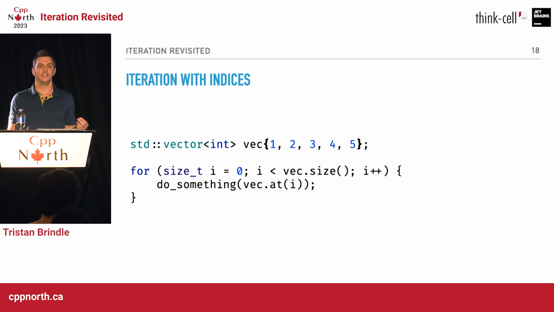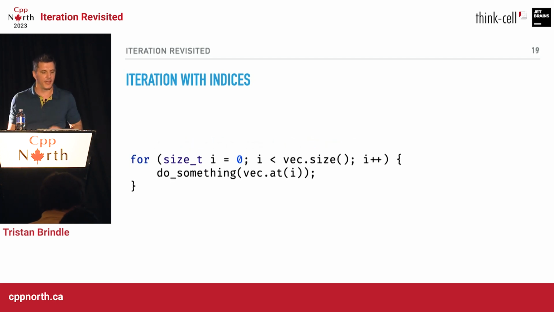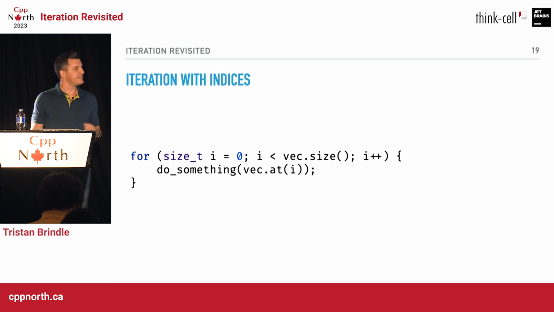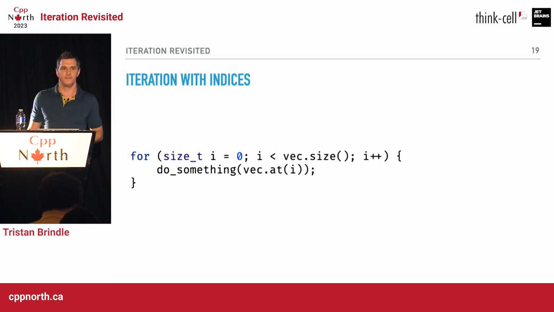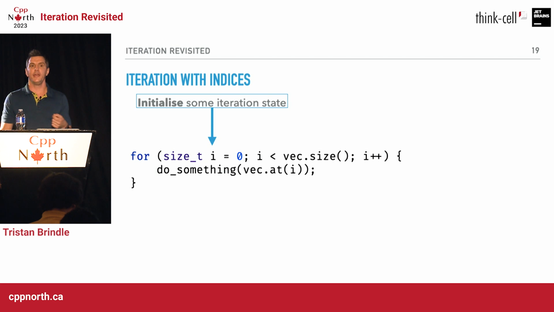That is iteration with indices, indexes if you prefer. Okay, so let's have a look at this for loop. Very similar one to what we saw on the very first slide. Let's have a look at what we're doing here. Well, first of all, we're initializing some iteration state.